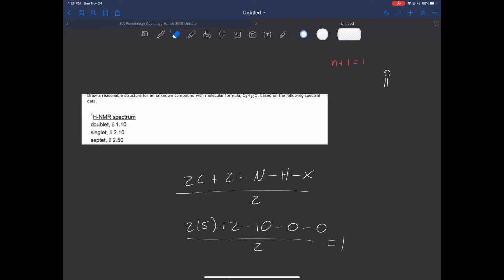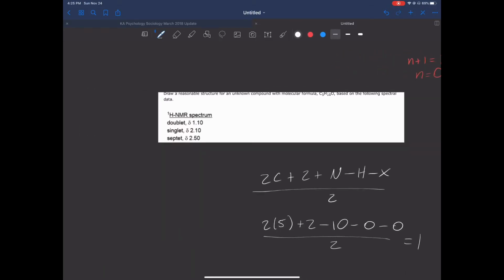So we have the singlet, which means that we're going to have 1. Subtract 1, n equals 0. That means whatever the hydrogens we're looking at that gave us the singlet, it has no adjacent hydrogens, okay?